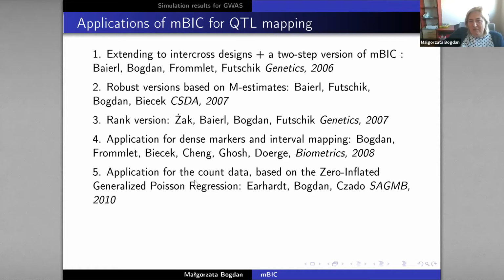And when people are healthy, this number is equal to 0. So when you look at the real population, this is not really even generalized Poisson regression. This distribution has an additional mass point at 0. So this is called zero inflated generalized Poisson. In this situation, we also could use a modified BIC and apply it and have nice results. This is what we published in statistical applications. So this is a series of articles.